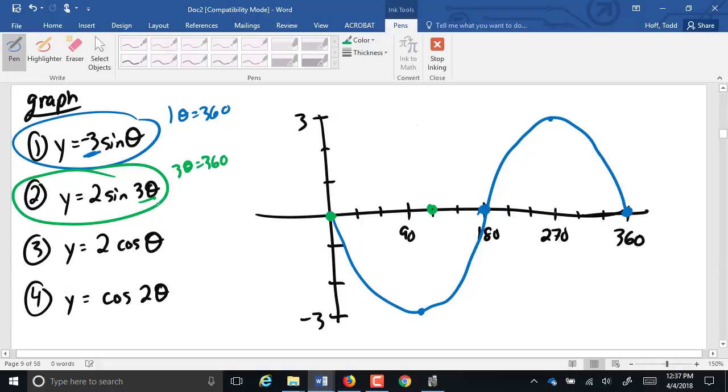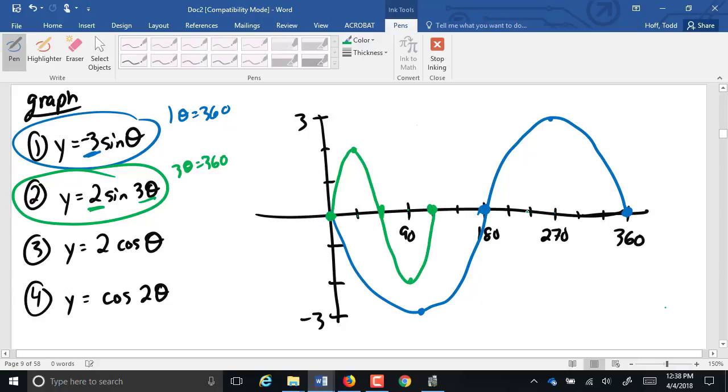You divide by 3, you get 120 as our wavelength. So the complete wave is done at 120. The midpoint here is at 60 degrees, so we'll be back at equilibrium at 60 degrees. Halfway to there, the 1/4 point is a peak, amplitude of 2. So it goes up to 2 there. Our 3/4 point is a trough at -2.